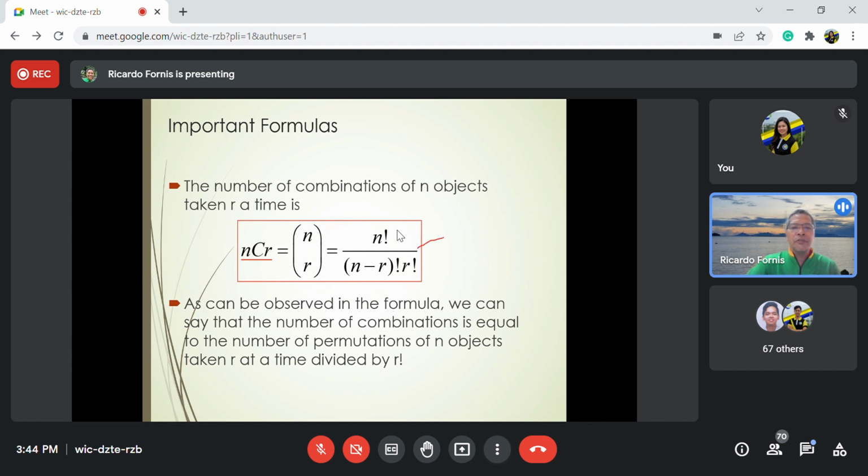So this is the formula for nCr. nCr is also the same as nPr divided by r factorial. Right? nPr, if you recall, nPr is this one. If you divide it by r factorial, what you are getting is nCr.